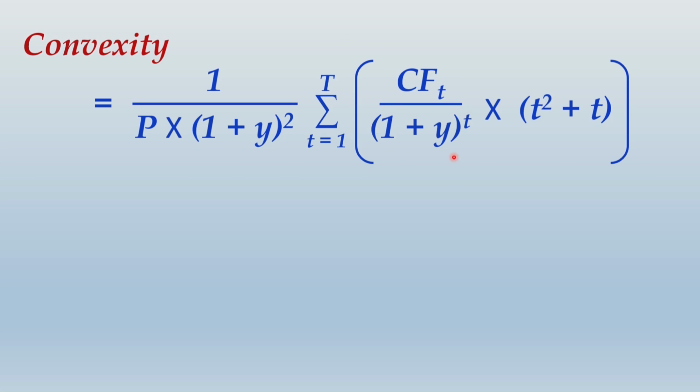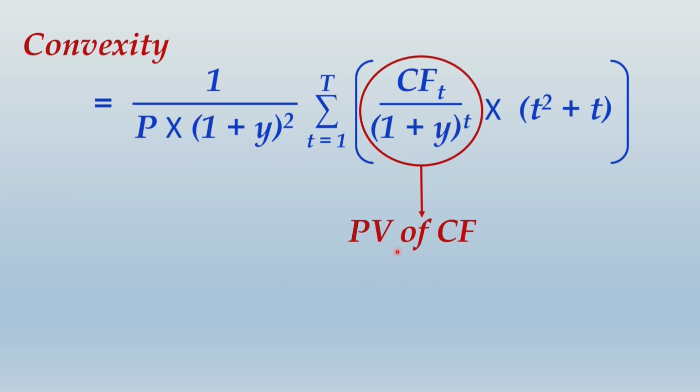So this is basically nothing but the present value of the bond cash flow. In simplest words, I would identify this term as the present value of the cash flow from the bonds. This term, which is to be multiplied by this present value, is t square plus t. If I take t as common, what do I get from this term? It will be t multiplied by, within brackets, (t plus 1).